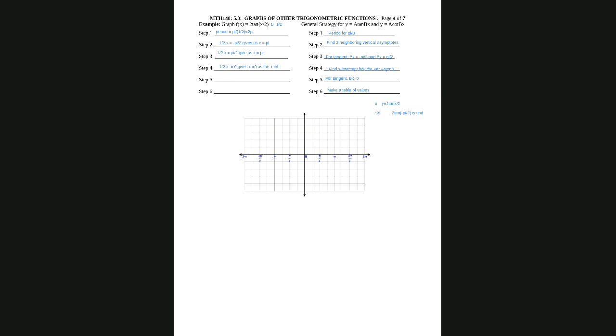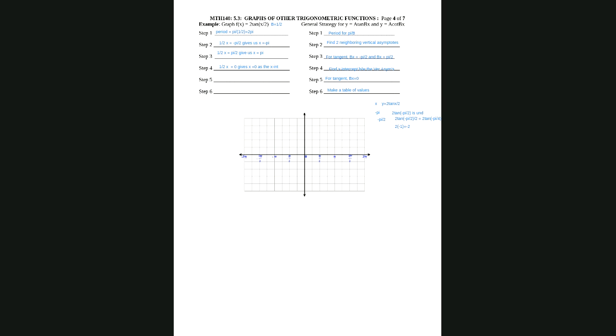If we plug in negative pi over 2, we have the tangent of negative pi over 2 divided by 2, and so we get 2 times the tangent of negative pi over 4. And that's going to be 2 times negative 1. That gives me negative 2.